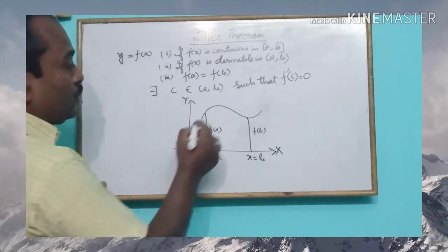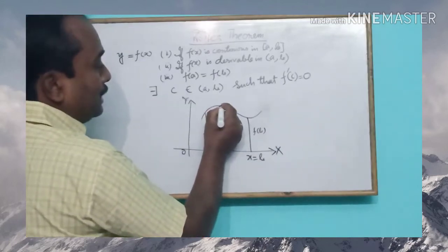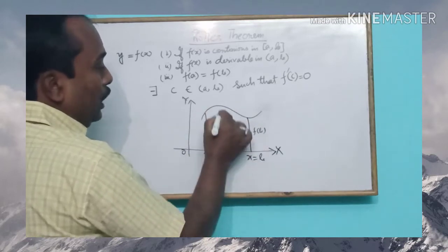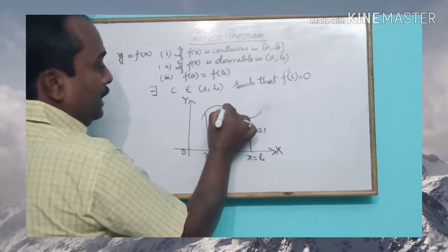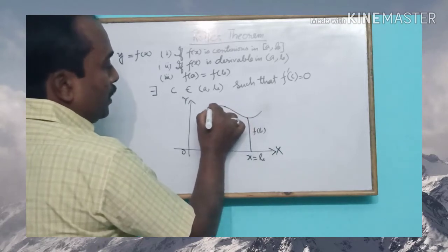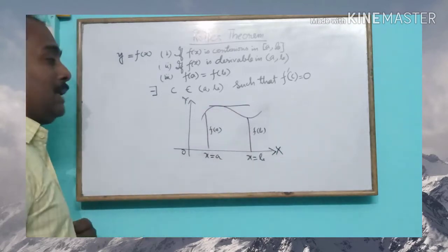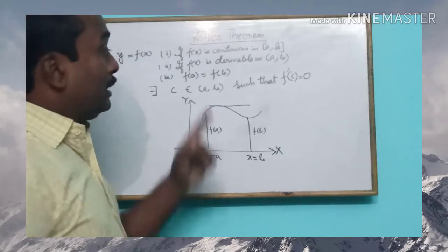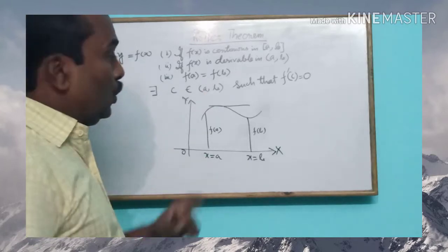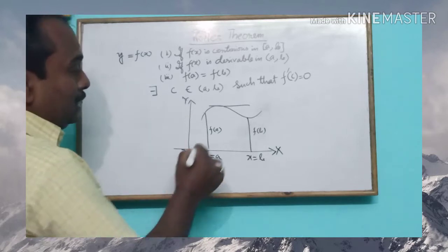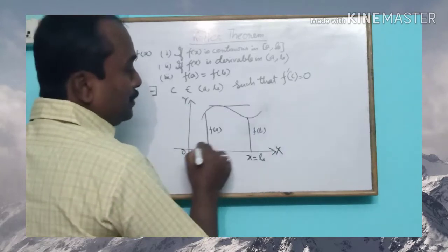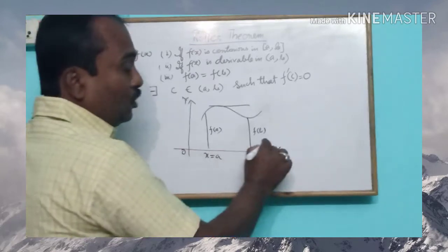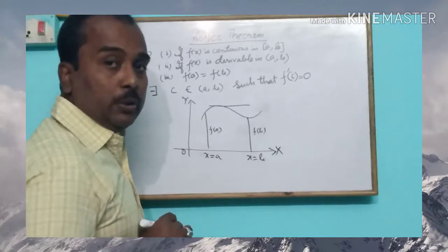f'(c) equal to 0 means at a point in between A and B, we will get somewhere C, let us take here, where the tangent is 0. The slope of the tangent is 0. Slope of the tangent is 0 means the tangent is parallel to the x-axis, because the x-axis also has slope 0.